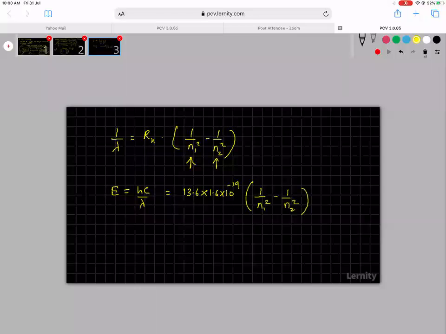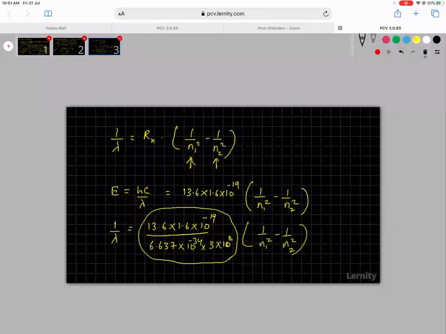So from here I can get 1 by lambda is equal to 13.6 into 1.6 into 10 power minus 19 divided by 6.637 into 10 power minus 34 into 3 into 10 power 8 into 1 by n1 squared minus 1 by n2 squared. Now this is a constant, and this constant is what is known as Rydberg's constant.